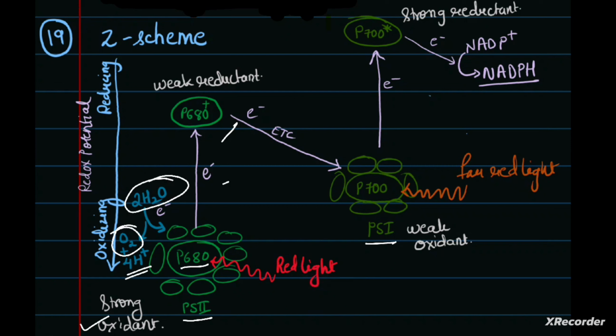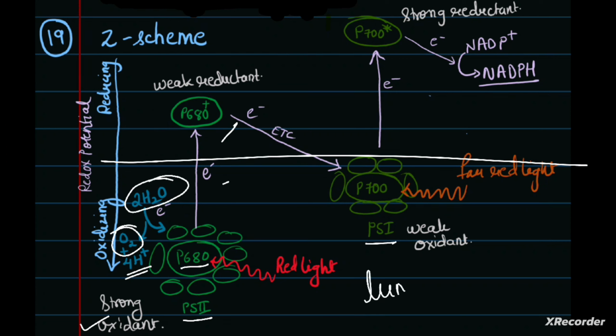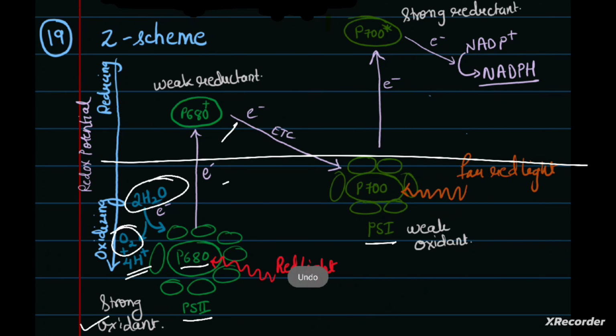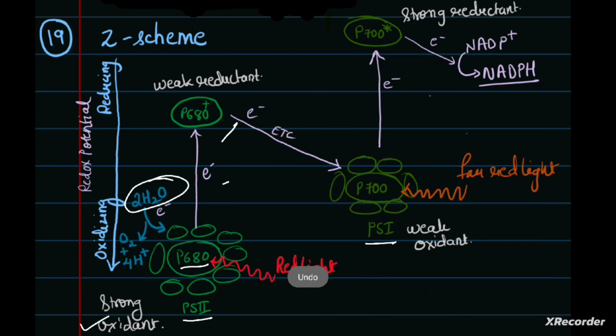These protons will be sent to the lumen. Here there is lumen. This whole thing occurs in the thylakoid membrane, and here there is stroma. Now this whole thing I'll teach you later, but to give you the brief, I just explained it here itself. But remember this now.